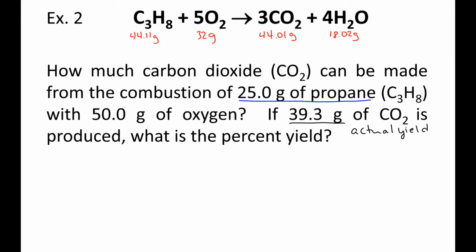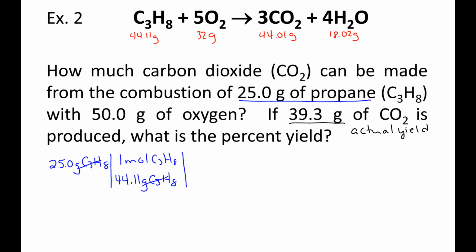So we're going to do 25.0 grams of C3H8. We have to do a mass to mass, because we're given mass and it wants to know the mass. So we're going to do 44.11 grams of C3H8 per 1 mole of C3H8.